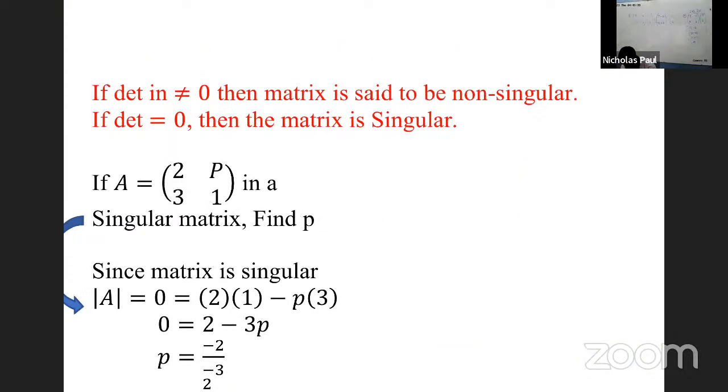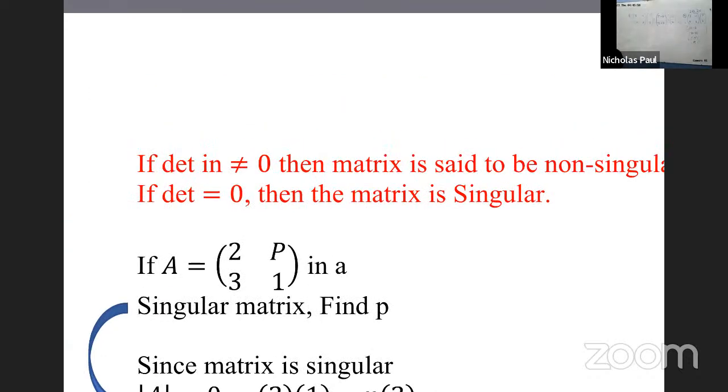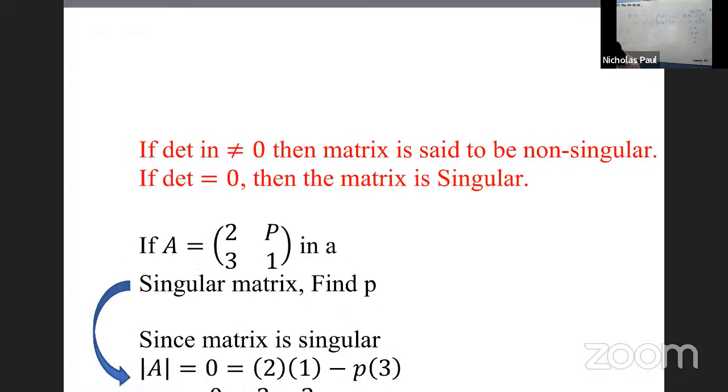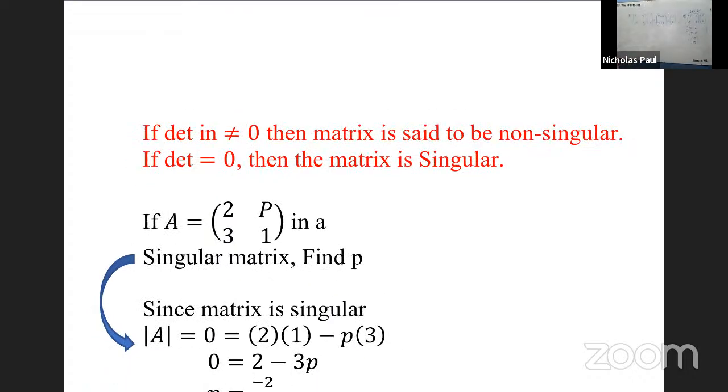And last thing, right? Last thing there, if your determinant turns out to be 0, then it's called a singular matrix. Make a note of that. If the determinant is 0, the matrix is singular. If the determinant is not 0, then it's non-singular.